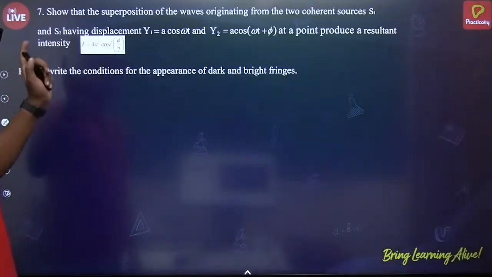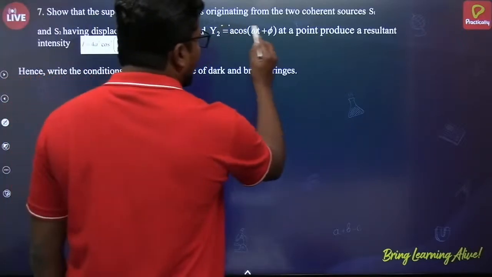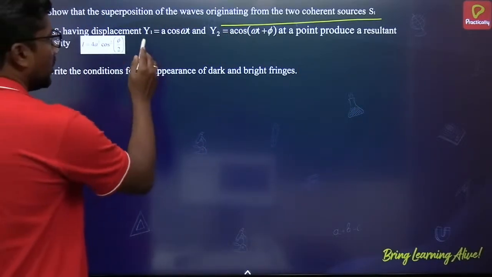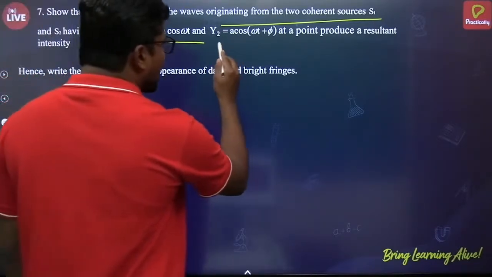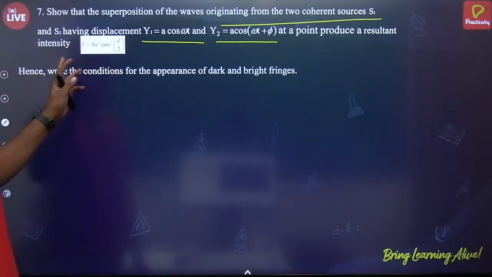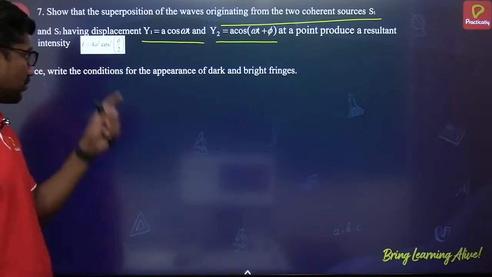Show that the superposition of the waves originating from two coherent sources S1 and S2, having displacements y1 as a cos omega t and y2 as a cos (omega t plus phi) at a point, produces a resultant intensity I equal to 4a square cos square phi by 2. We have to show it.